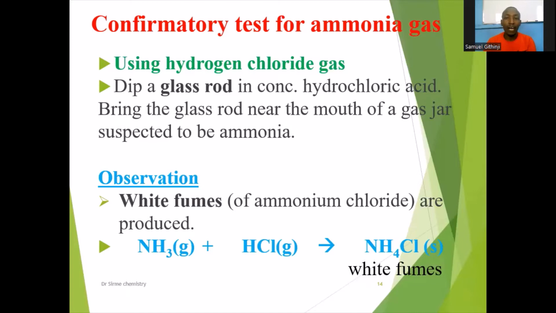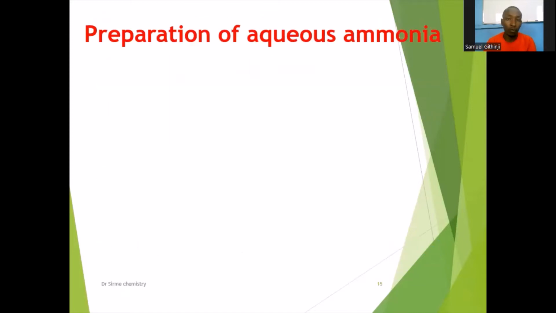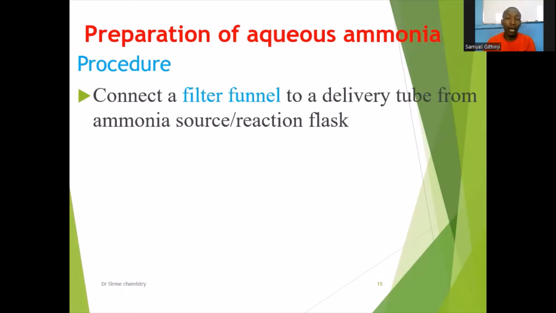Moving on, how do you prepare aqueous ammonia? Okay, the procedure: you need a filter funnel and you fix a delivery tube to the filter funnel. Then you connect, of course, the delivery tube to the source of the dry ammonia.